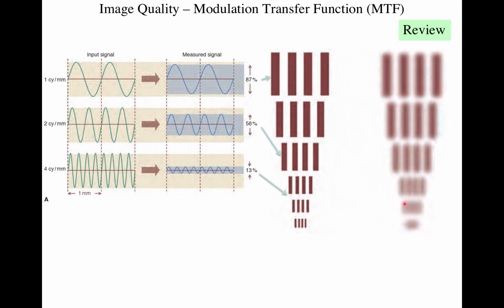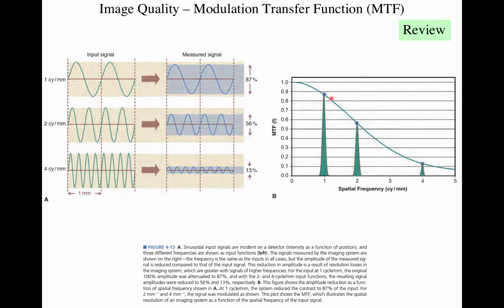So finally, you can't resolve the fact that there are multiple objects because the spatial frequency is too high. And so you can just count what this is in cycles per millimeter or cycles per centimeter. And you would say, well, maybe this is the threshold of my scanner in terms of its spatial resolution.